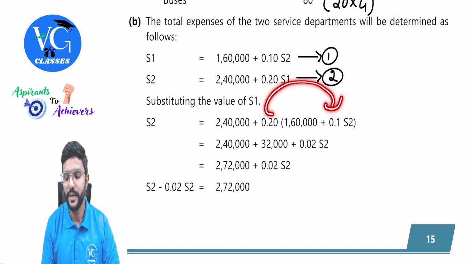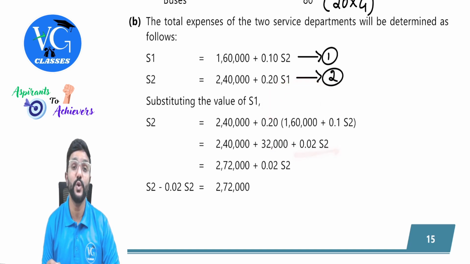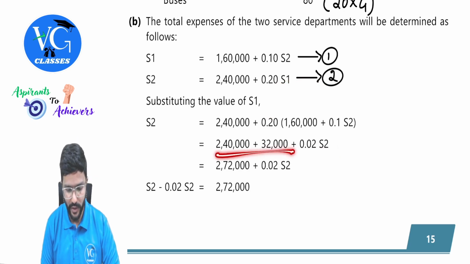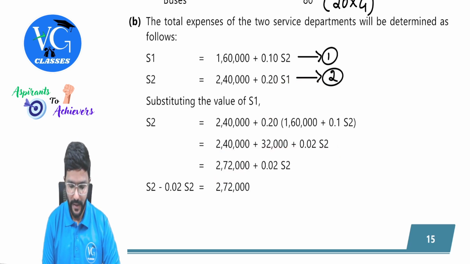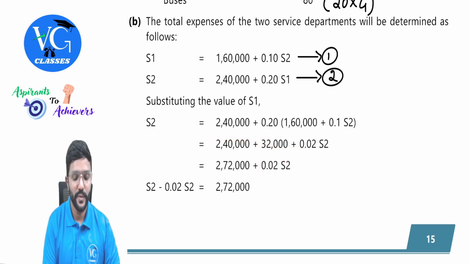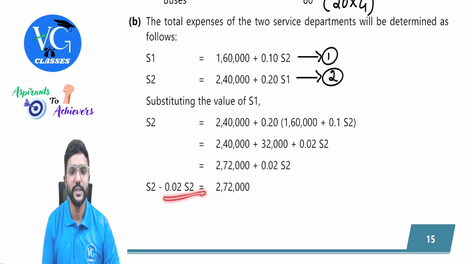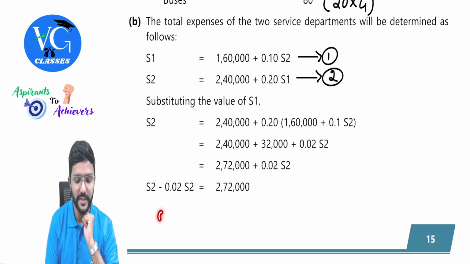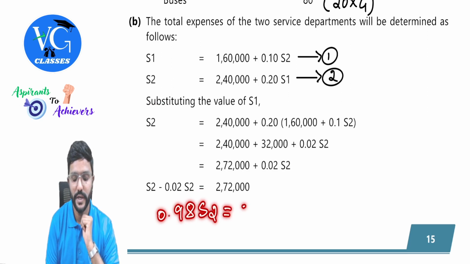Then 0.20 into 0.1, you will get 0.02 S2. Adding both, we get 2,72,000. Now take 0.02 S2 to the other side. S2 minus 0.02 S2 gives 0.98 S2, which is equal to 2,72,000.